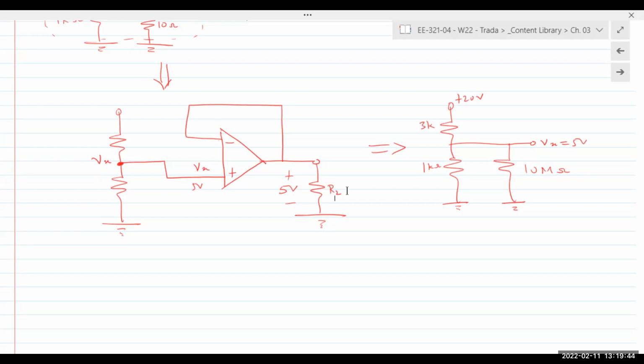So why still 5 volts? Well, with the 10 mega ohm, you can calculate the parallel resistance here.